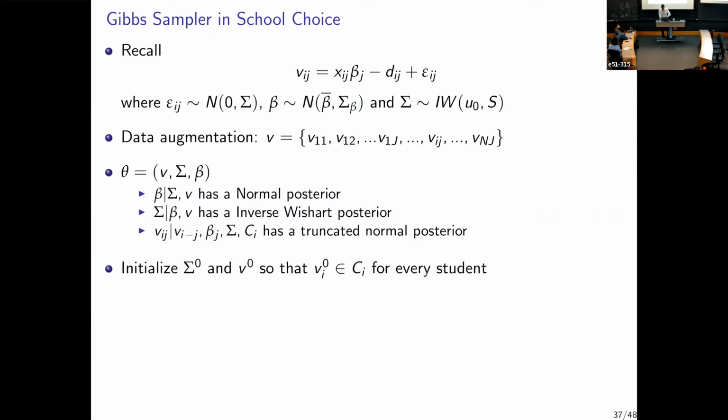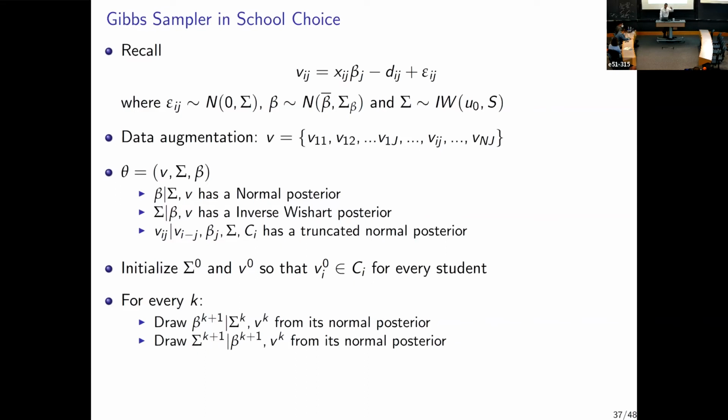So in particular, I'm going to initialize sigma 0, V 0, making sure that I initialize the value for each individual in the corresponding cone that matches the report. And then for every k, I'm going to draw beta given sigma and V from its normal posterior. I'm going to draw sigma conditional on beta and V from its inverse Wishart posterior.